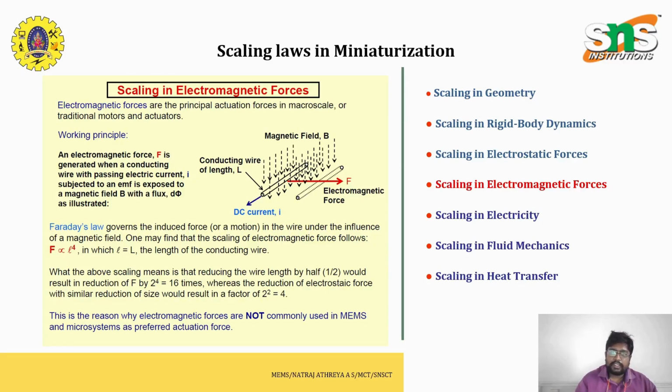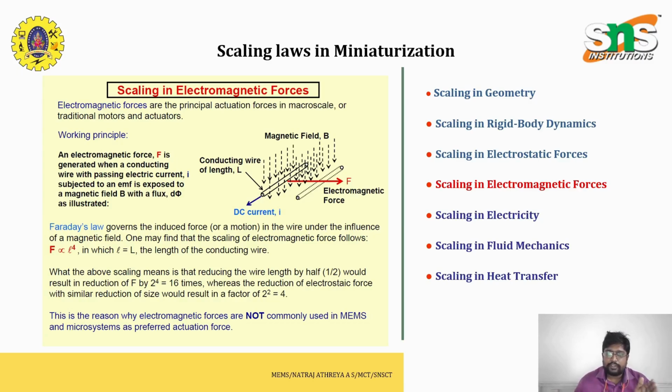But for the electrostatic force, when the dimensions are reduced by half, the forces reduce only by a factor of 4, as in 2 power 2, it becomes just 4 times. So we can conclude that the electrostatic forces do not reduce as much as compared to electromagnetic forces.